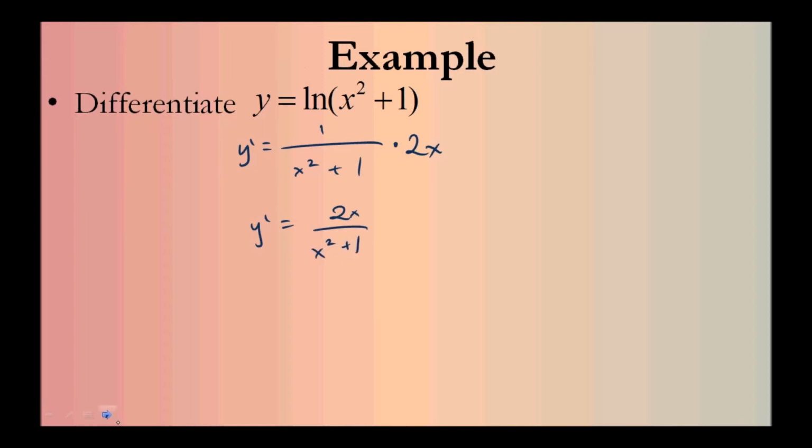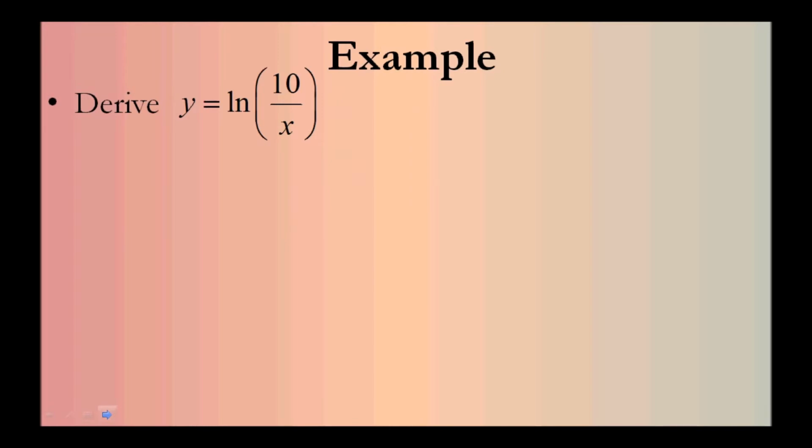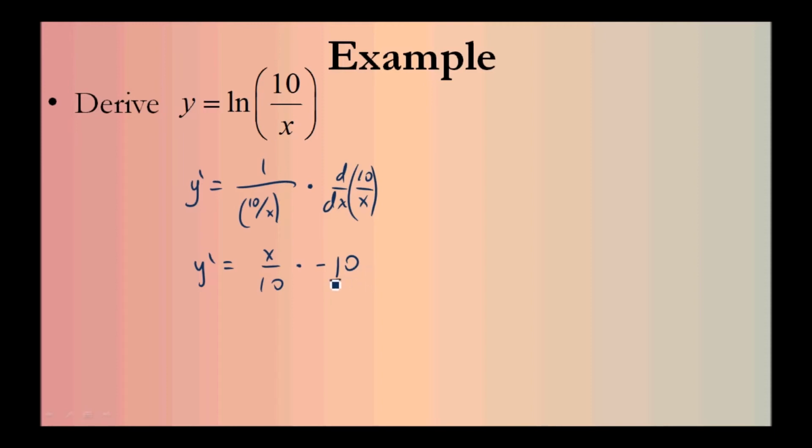Relatively simple example. Derive y is equal to the natural log of 10 divided by x. So y prime is equal to 1 over the quantity 10 divided by x times d dx of 10 divided by x. So y prime is equal to x over 10 times negative 10 divided by x squared.